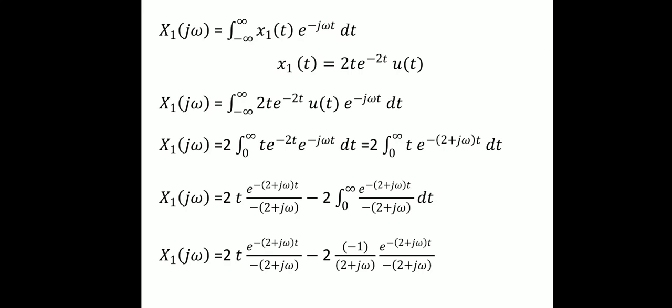We have to substitute the limits. Upon substitution, the upper limit is infinity and the lower limit is 0. Now we have 2 times minus 1 divided by 2 plus j omega. The upper limit is infinity, so e power minus infinity is 0, and the lower limit is 0.